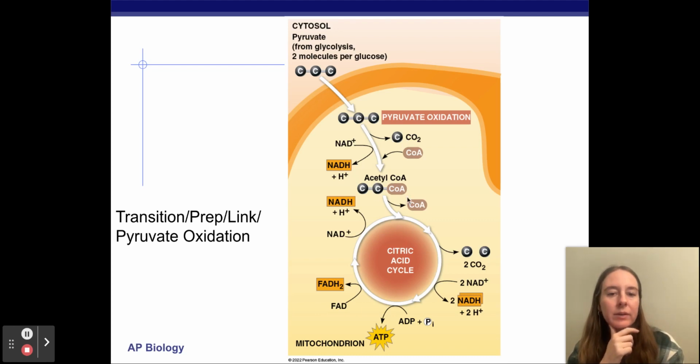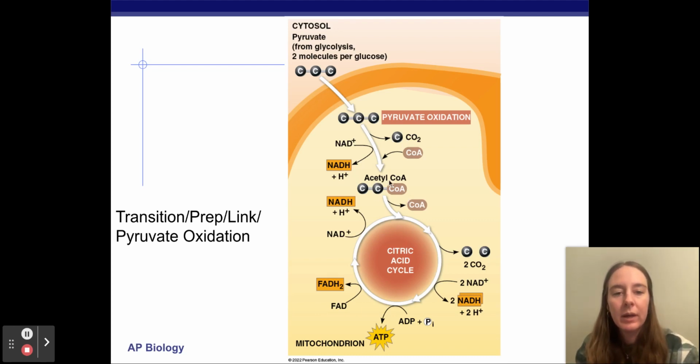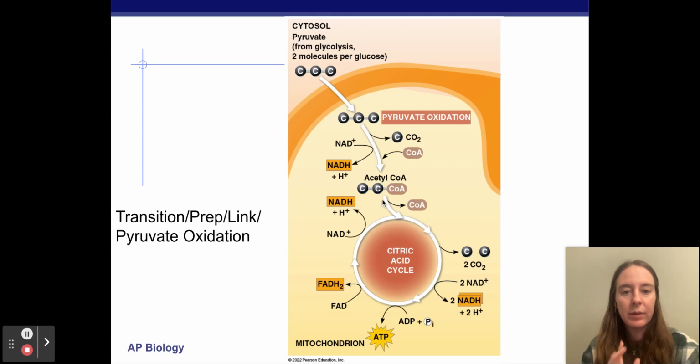So now we have this acetyl-CoA, and it's going to be broken down even more. So there's going to be a series of reactions here. It's called a cycle, a series of different steps breaking down this acetyl-CoA even more. And notice here that we're going to be producing some carbon dioxide. We're going to be reducing some NADH. We're going to make a little bit of ATP.